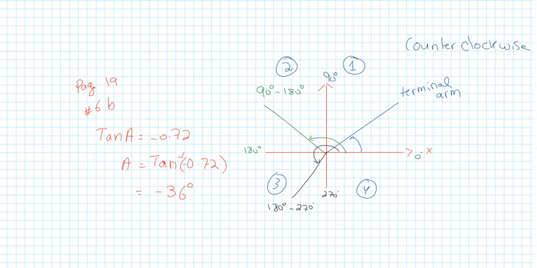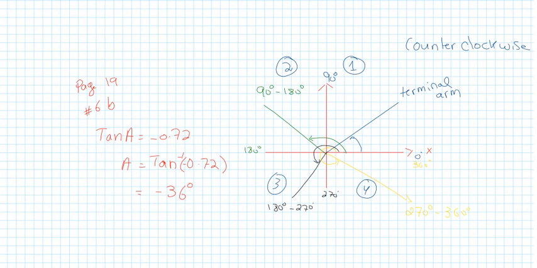Now, if I have a terminal arm in the fourth quadrant, my measurement is going to be between 270 and 360, because going back to the x-axis line, that's going to be 360.